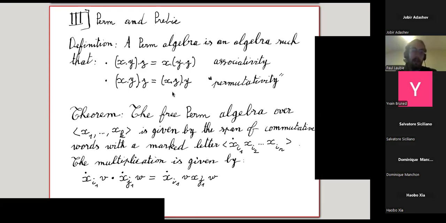From this remark, we can give a description of the free permutative algebra over a set of letters. It is the span of the commutative words with a marked letter. So the first letter is a marked letter that we cannot make commute. And the multiplication is exactly the concatenation of the words.